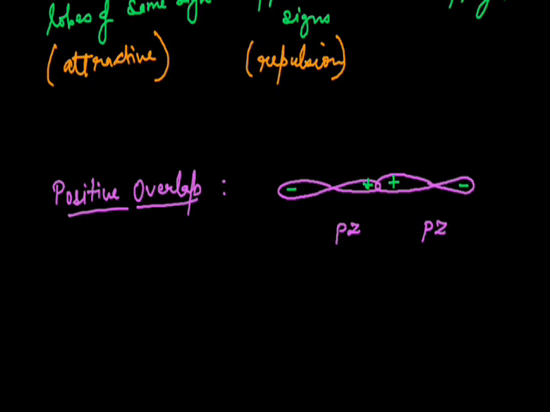Next overlapping could be for pz again and s. s is spherical in shape, overlapping having same sign lobes.